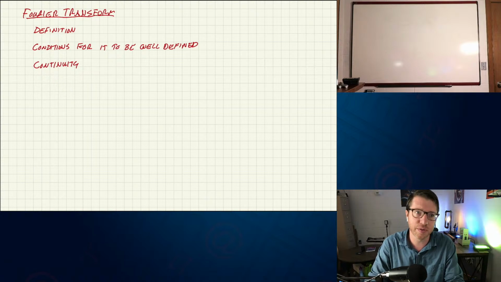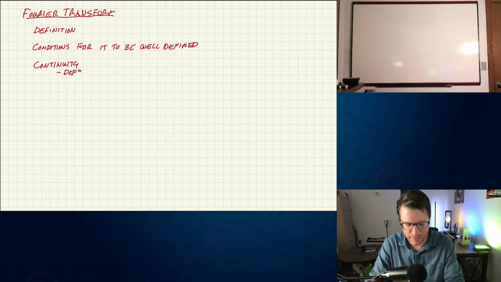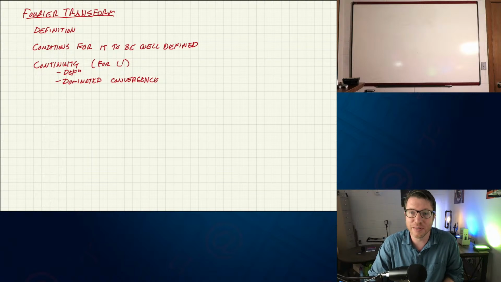of these guys. And so the continuity of Fourier transforms comes down to a couple of things. First of all, we have the definition. And then we also have the dominated convergence theorem. And continuity is really just going to work for L1 functions. And so that's something we're going to have to distinguish here.